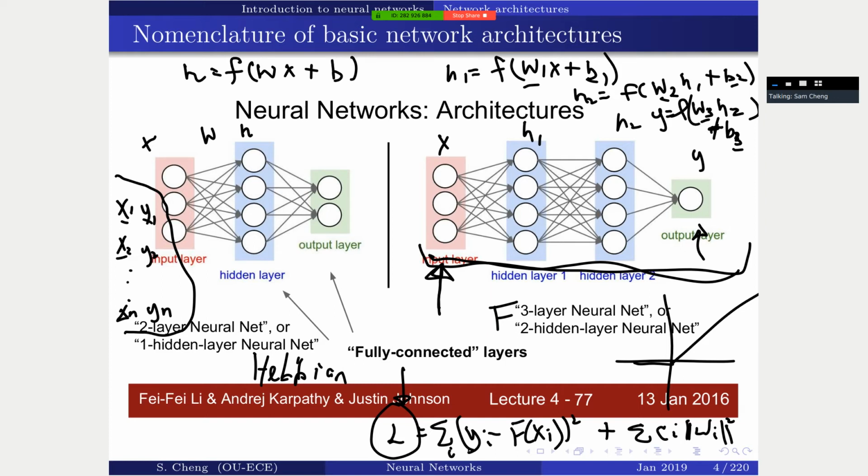But in general, because of the nonlinear function in the neural network, the F here, it's very difficult to really solve this optimization problem analytically. It's very interesting, this problem was considered for a long time.